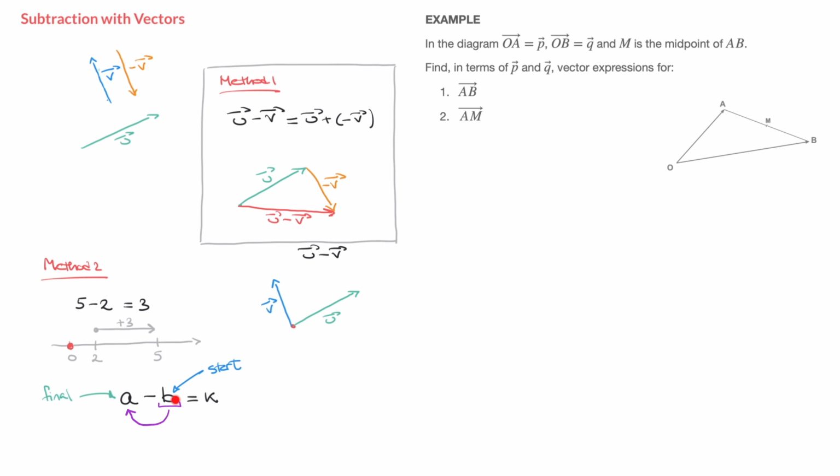So, just as what I wrote down here, we could think of the point that vector v is pointing towards as the starting point, and the point that vector u is pointing towards as the finishing point, or the final point. So the result of vector u minus vector v will be a vector which tells us how to get from the head of vector v to the head of vector u, which would be this vector right here. There we go. That's vector u minus vector v.